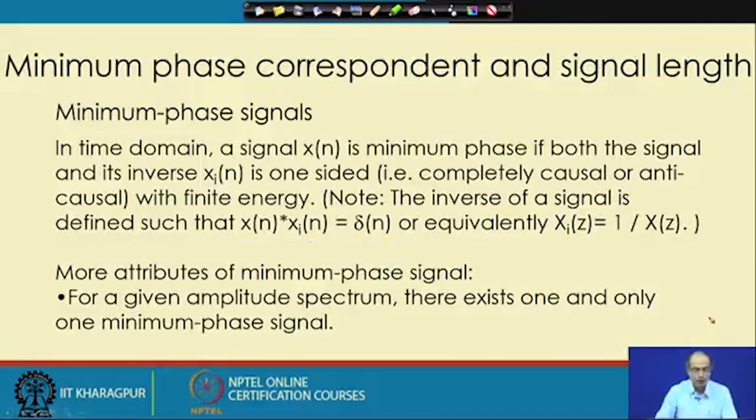For a given amplitude spectrum, there exists one and only one minimum phase signal. In fact, from here we get that whatever the phase of the signal may be, the amplitude spectrum is the same, and only a single minimum phase signal can correspond to that spectrum.